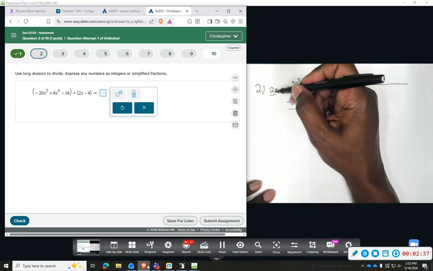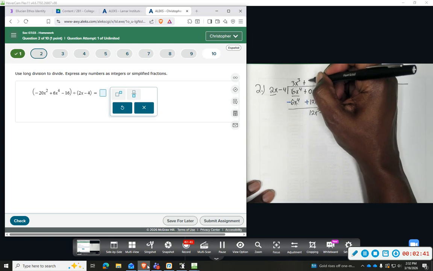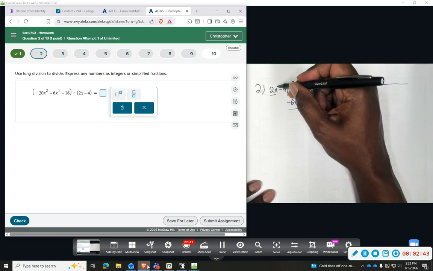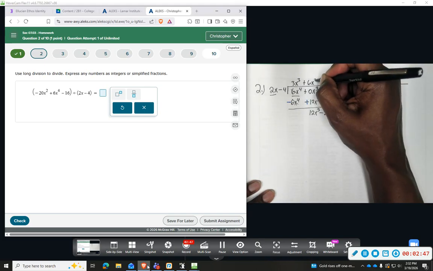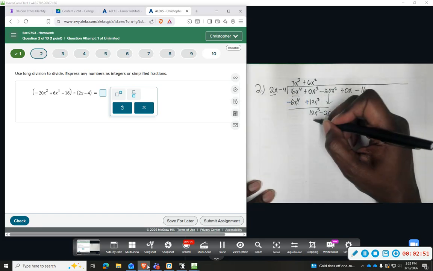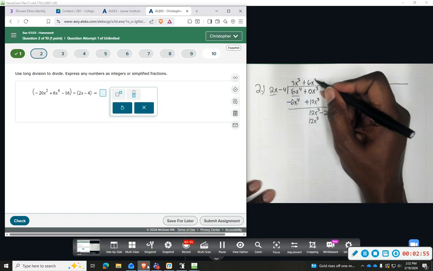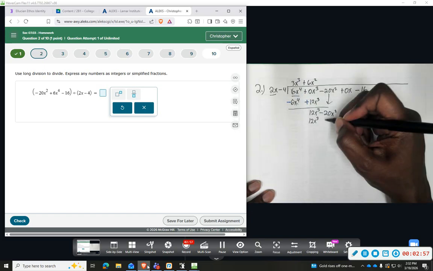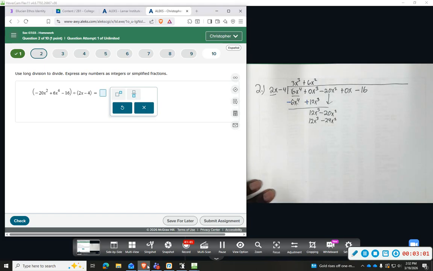And then we repeat. So 2 times what gives me 12? It's going to be a positive 6. And then we have 1x. We need 3 of them, so I need 2 more. So I'm going to say x squared. And then we do 6x squared times 2x, which will give us 12x cubed. 6x squared times a negative 4 will give me a negative 24x squared.